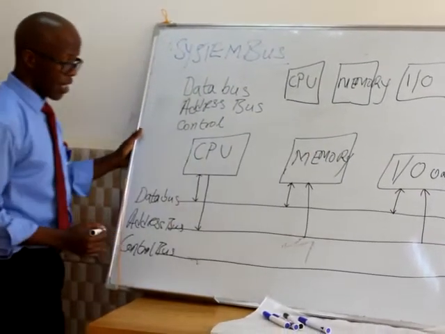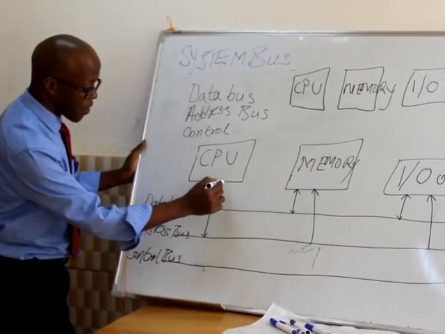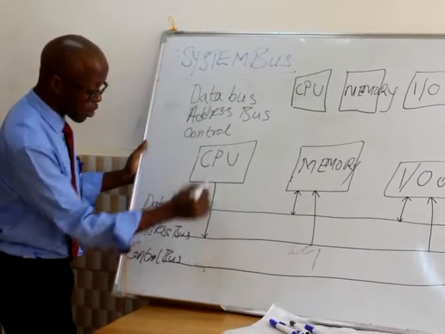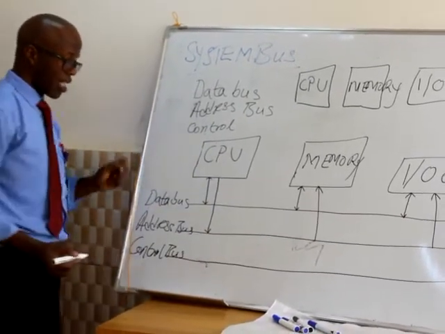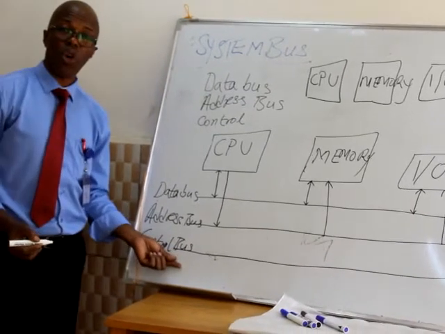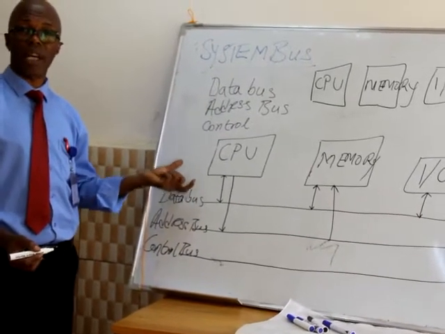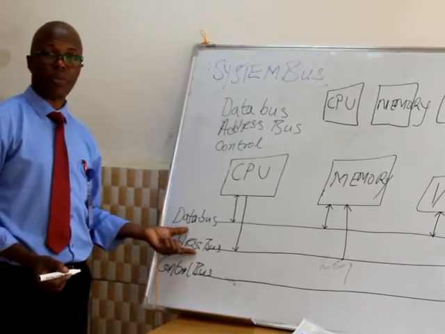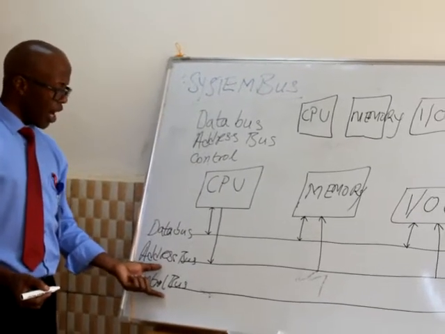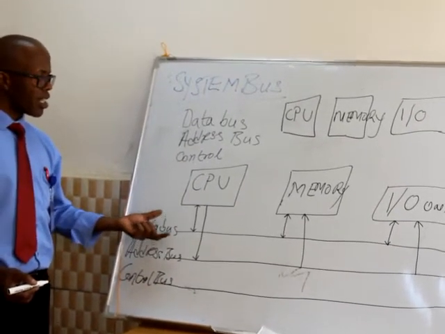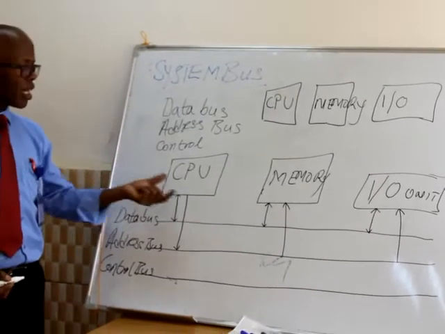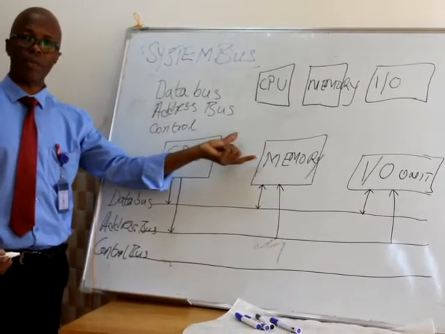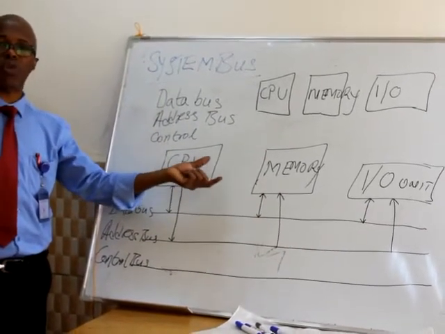Now, we also have another bus, which is called the control bus. The control bus controls the activities that are taking place between the data bus and the address bus. It has to know the time at which the data has to be placed on the data bus from the memory or input-output unit, and also when it has to go off.